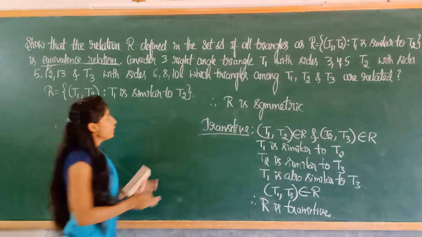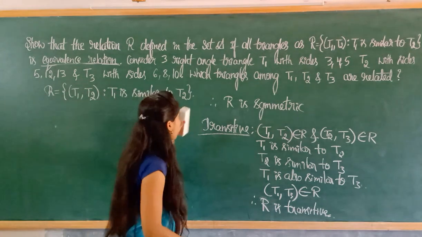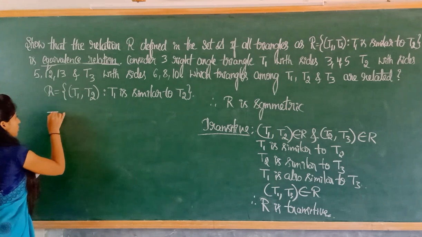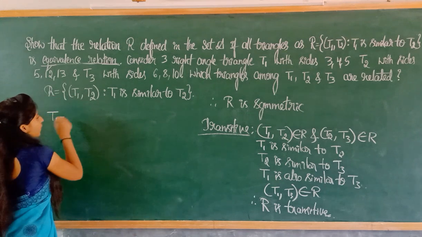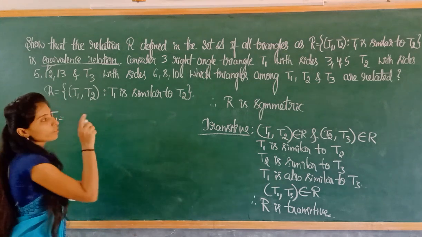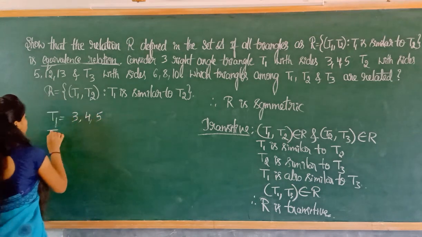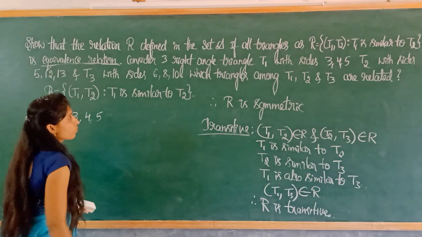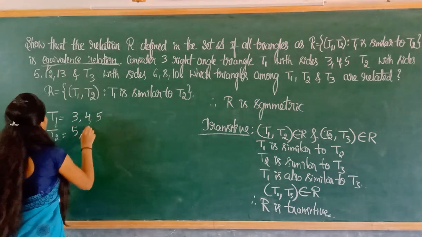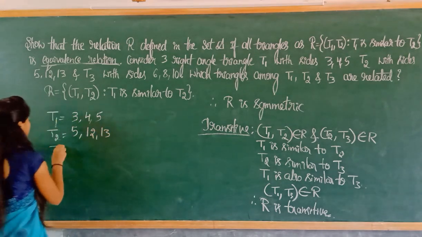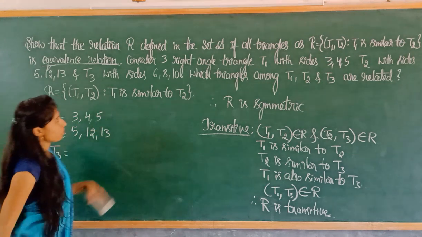I will take the dimensions first. T1, what they have given? 3, 4, 5. Then T2, 5, 12, 13. T3 is 6, 8, 10.